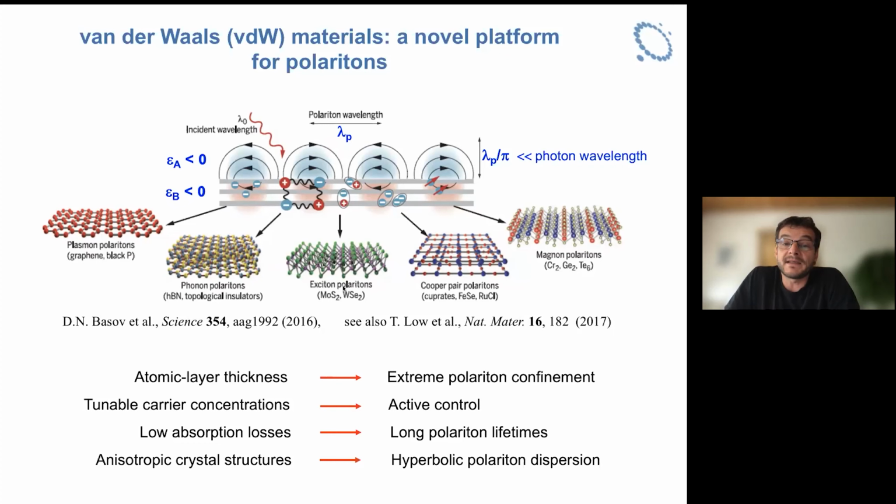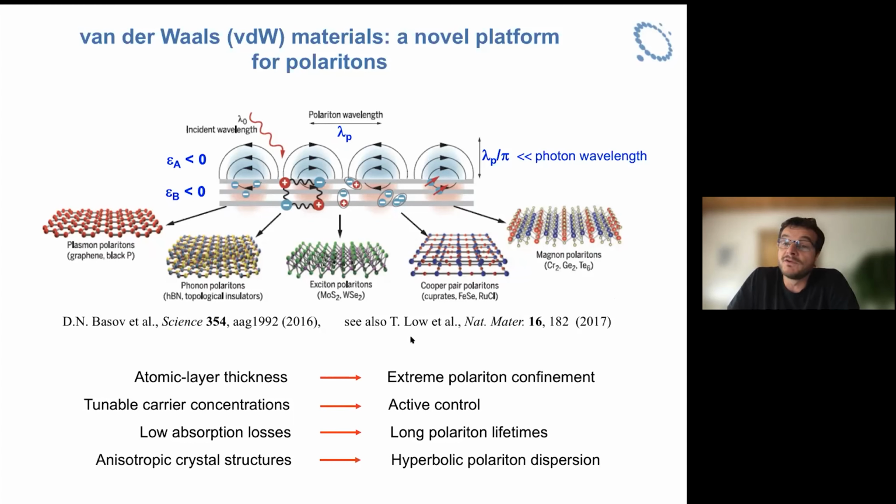But there are other excitations that could give rise to negative permittivities. If we have strong excitons in semiconducting materials, then we could excite exciton polaritons, and actually they have been observed already in various 2D materials with this near-field technique that I described above. What has not been observed yet, but theoretically predicted, are Cooper pair polaritons, magnon polaritons, and so on. So there's a lot to be explored.